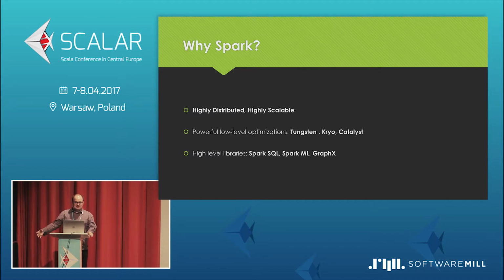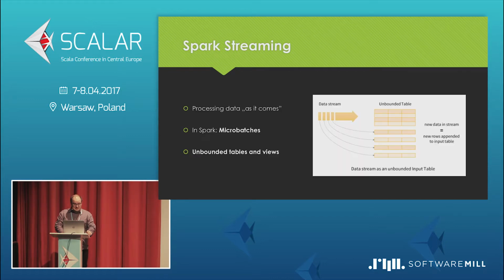And on the other end, you have very high-level libraries like Spark ML for machine learning and GraphX for big graph processing. So on one hand, you keep the low-level optimizations, and then you can implement very specific things in the high-level stuff. And that, I believe, is the huge power of Spark.